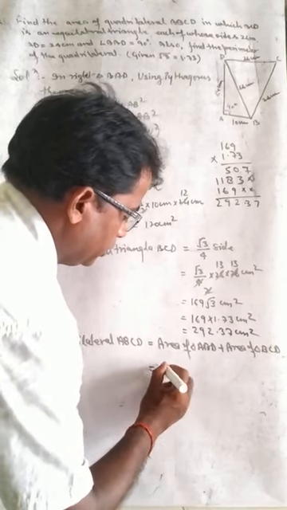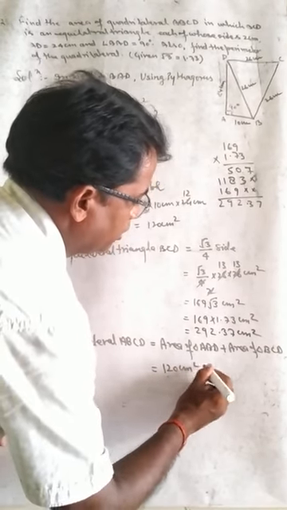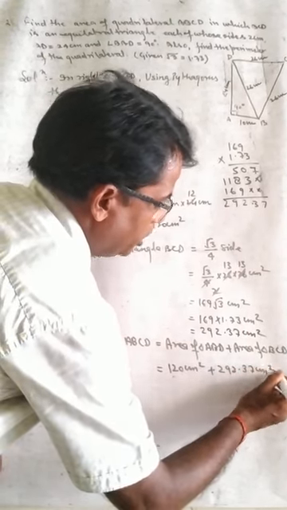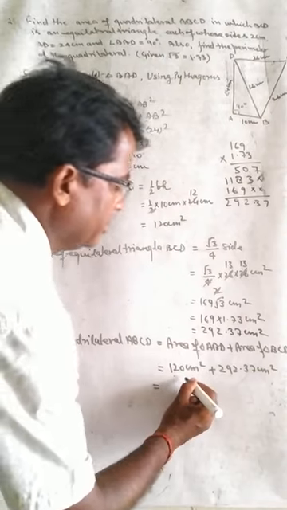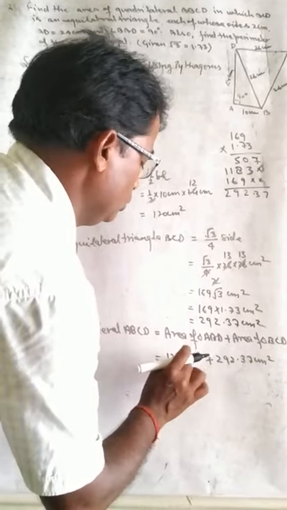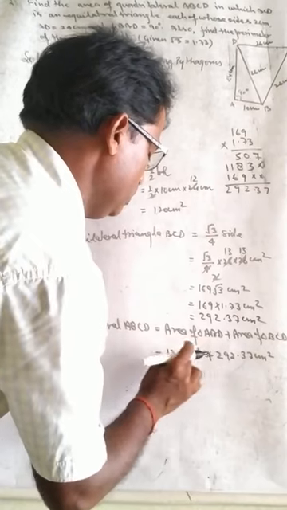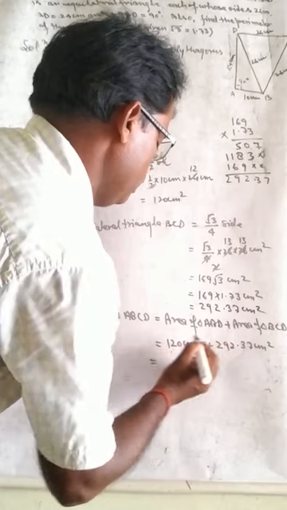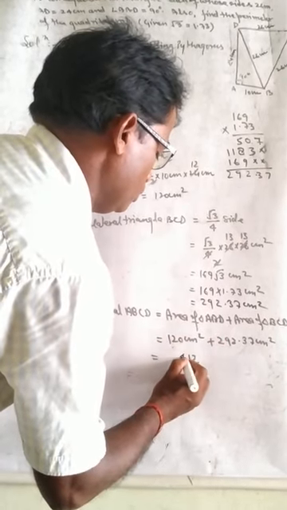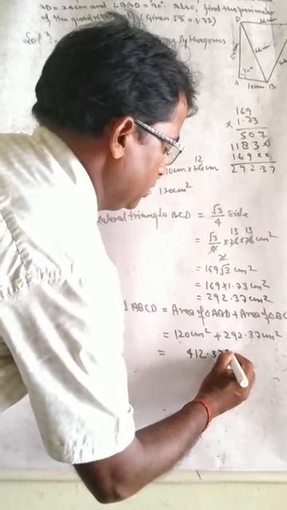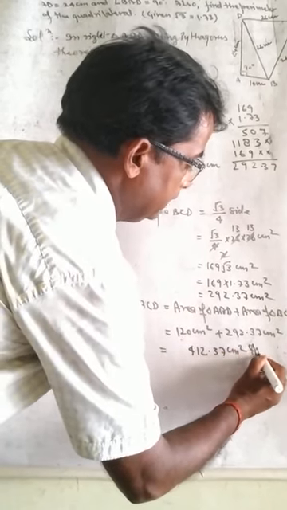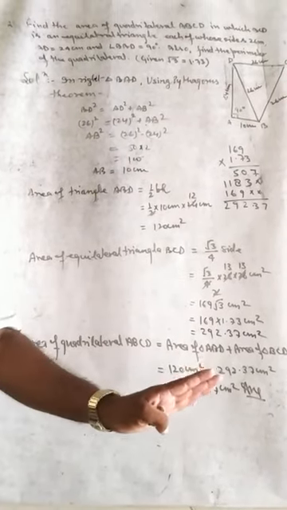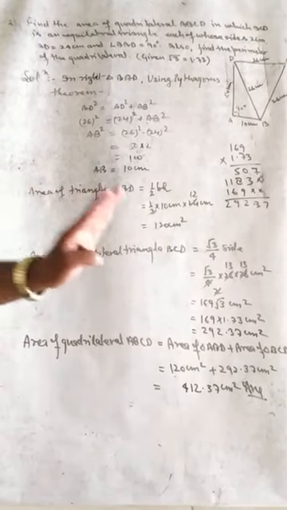This one is 120 centimeter square plus 292.37 centimeter square. When we add, we get 412.37 centimeter square. In this way we calculate the area of the quadrilateral using the formula for area of triangle.